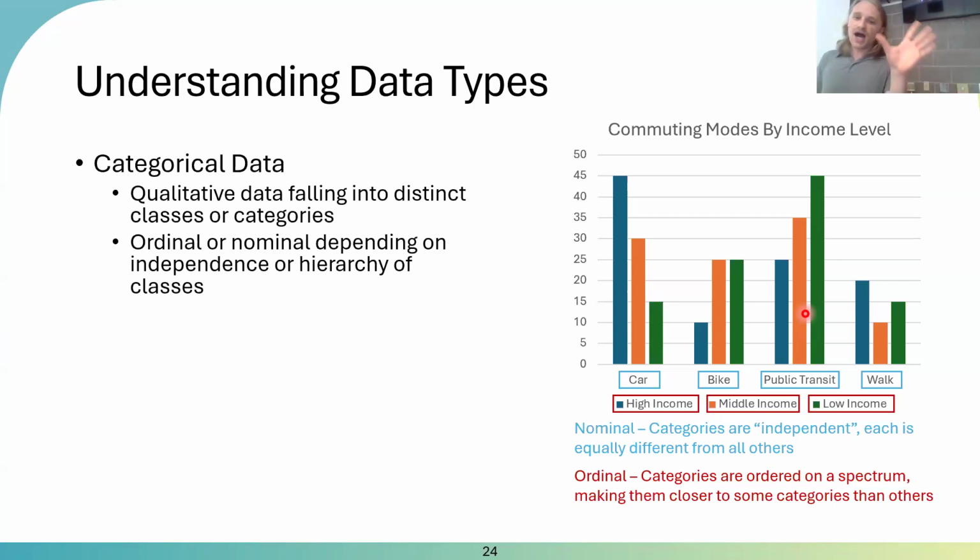So clearly here, a high income individual would be further away from a low income individual in this understanding of the data than high would be to middle, or middle would be to low. So those are two kinds of categorical data.